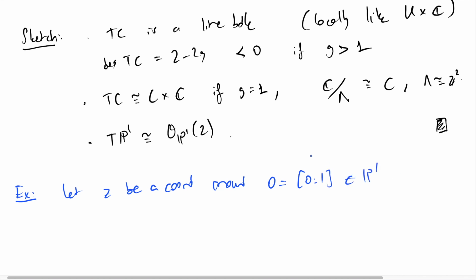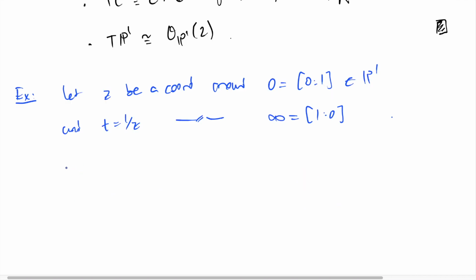And I'm going to take the obvious coordinate so that it's a well-defined coordinate everywhere except infinity. And let's say T is the coordinate around infinity, so that is 1, 0. And now I'm asking you to compare the vector field attained from Z with the vector field attained from T.